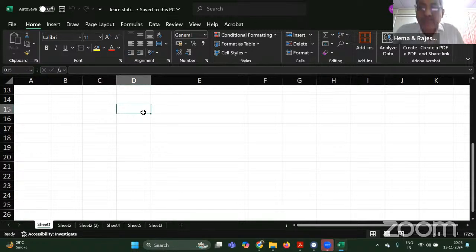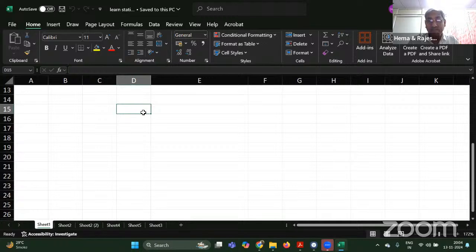Basically, we have two types of test. One is a parametric test, normal distribution curve, something like that, which follows a particular pattern. While non-parametric test, chi-square is an altogether separate thing and it comes under non-parametric test.